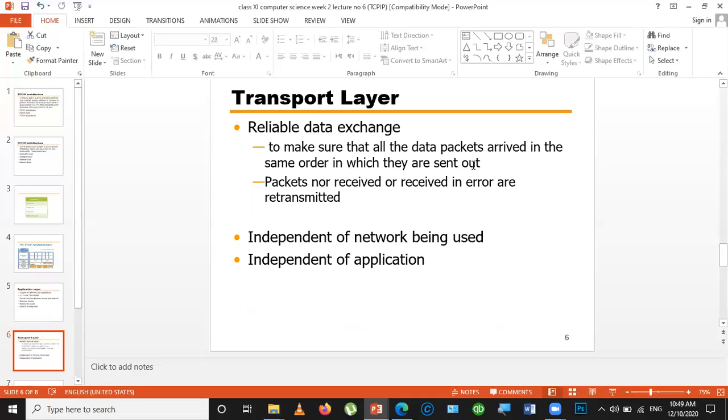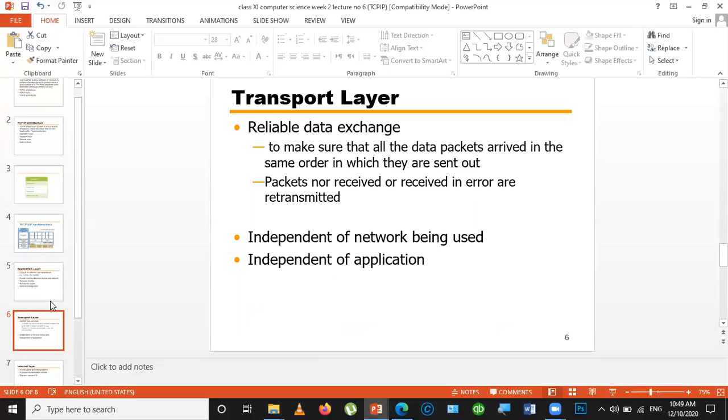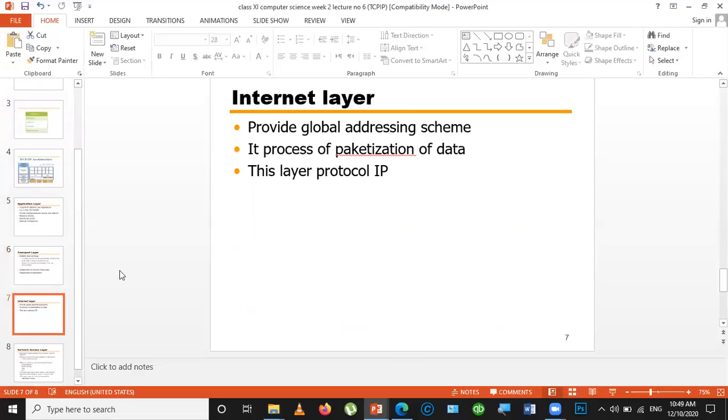It provides error-free, reliable data and makes sure there is no duplication and no error on the network.